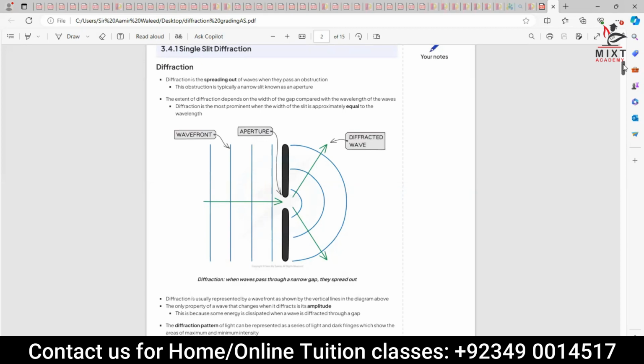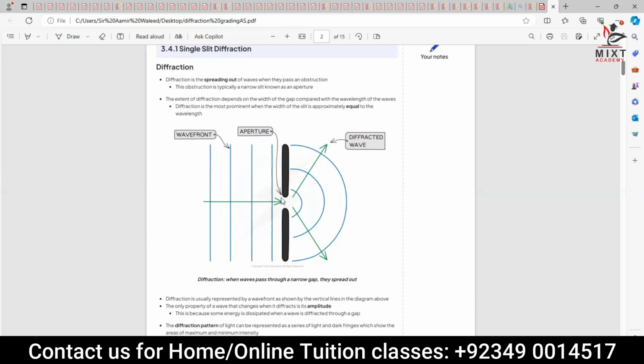So the point is, if you check this out, this is a wavefront, right? This is a way of expressing a wave. Two parallel lines means one wavelength, a complete crest or trough. So basically, when this wavefront passes through this, it changes into some sort of curved wave. Can you see that?